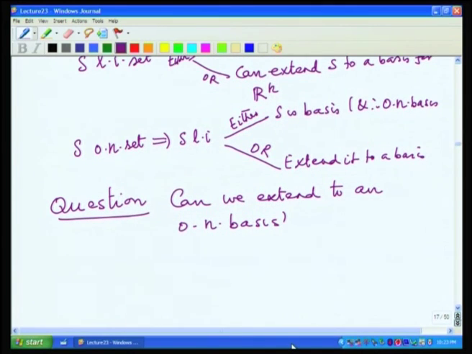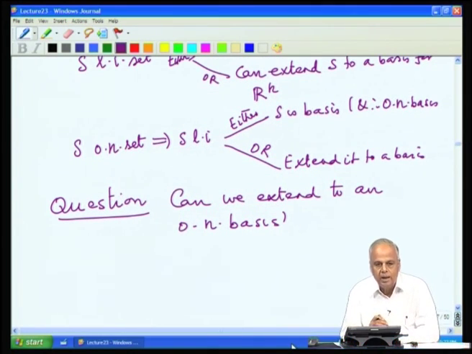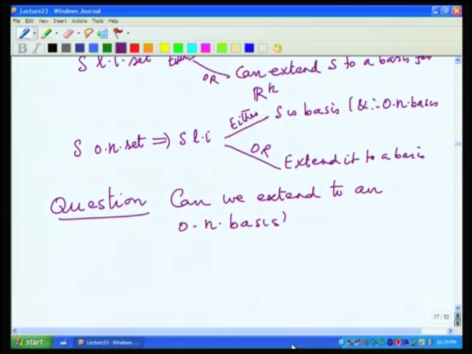So, given any orthonormal set, it is either an orthonormal basis, or it is a linearly independent set which can be extended to a basis. The question is, can we extend it to an orthonormal basis? In other words, is every orthonormal set a basis or can it be converted to an orthonormal basis? Now, we shall investigate this question.